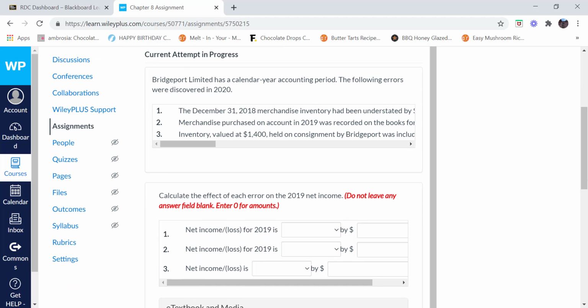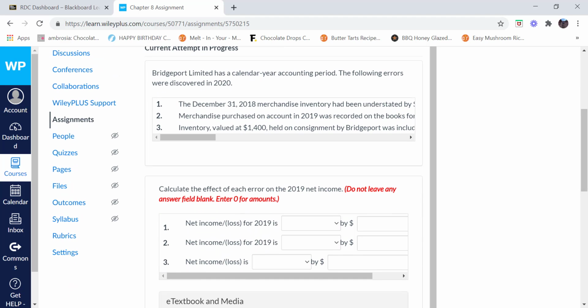And again, watch the years in the question, read carefully. What they're asking for is the net income loss for 2019 is over or under by X dollars because of that error. And then the same thing for number 2, net income loss for 2019. And again, this is a 2019 error. And in number 3, they're just looking for the net income and loss difference.